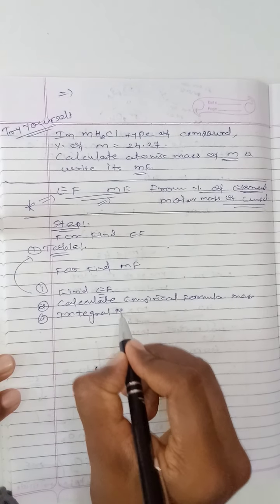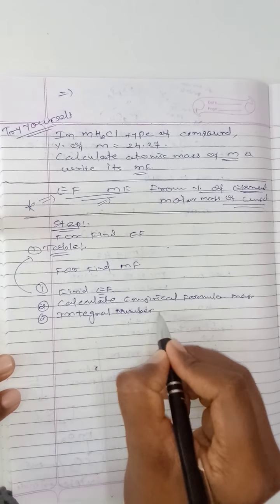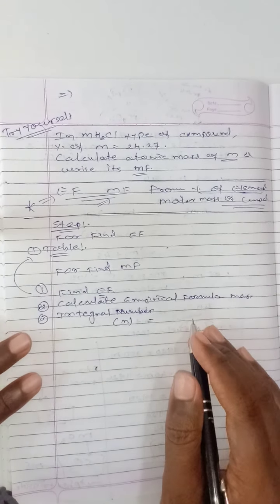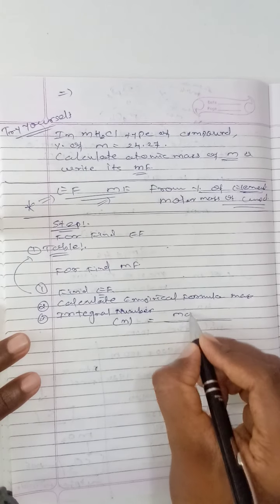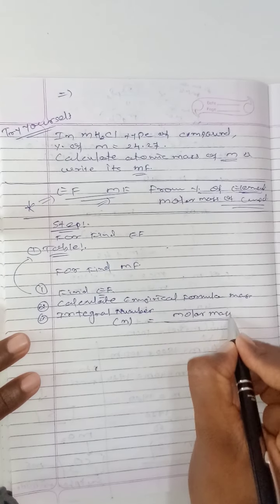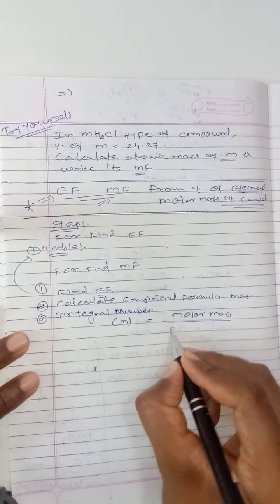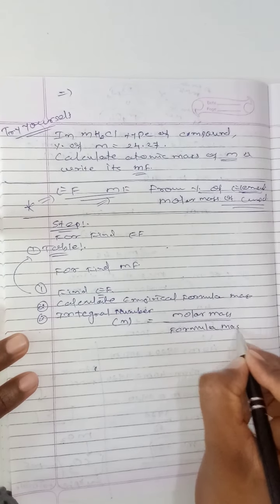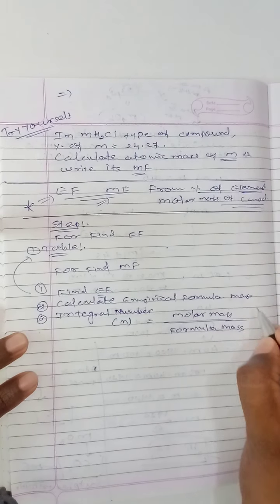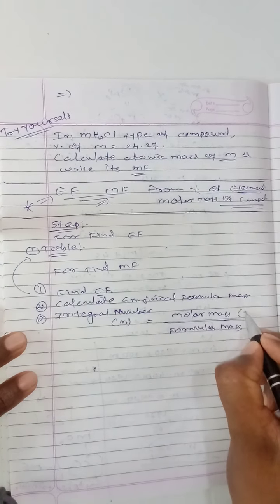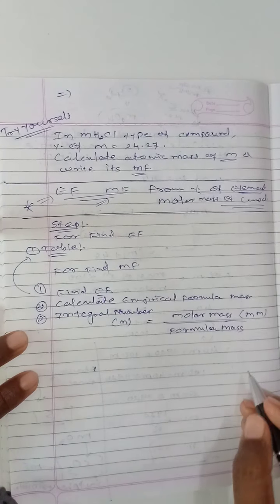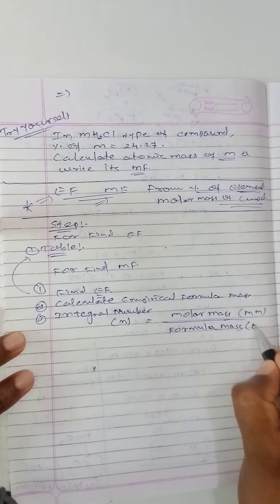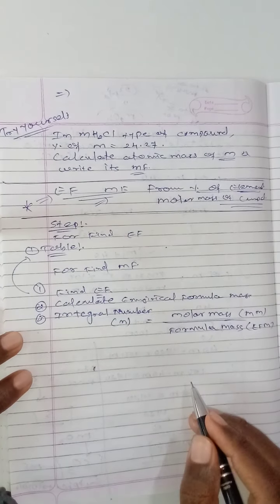Number 3, the integral number, denoted by small n, equals molar mass divided by empirical formula mass. In short, we can write small m.m. divided by empirical formula mass.